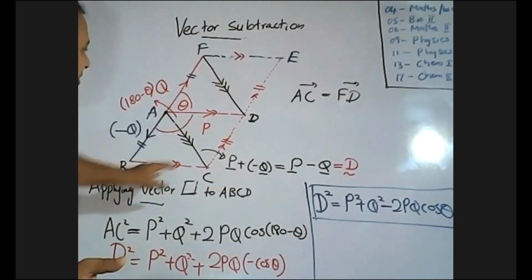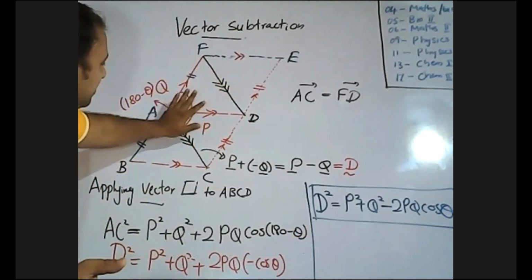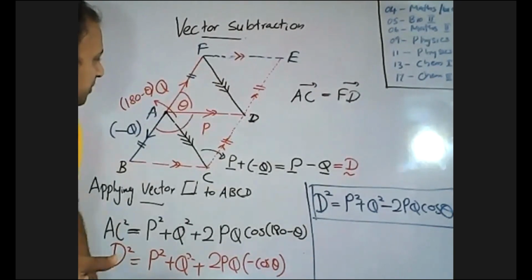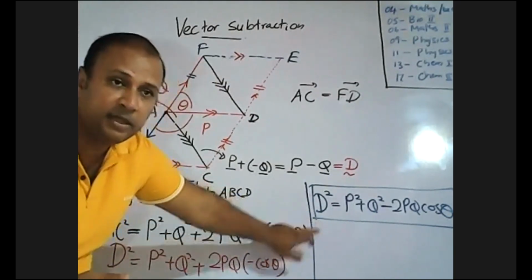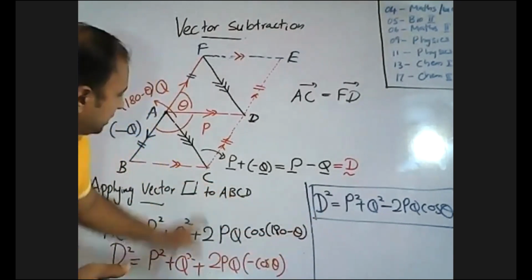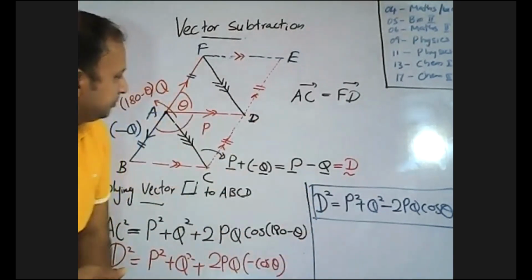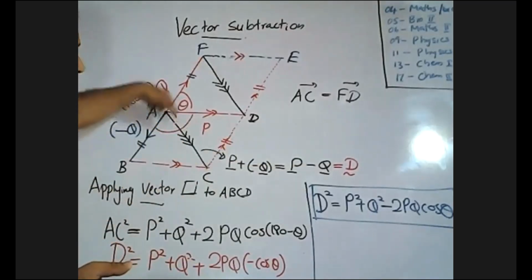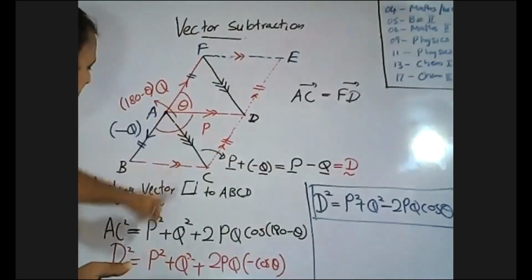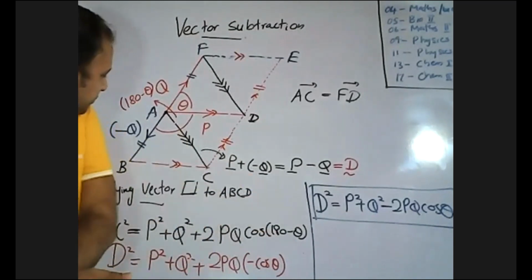You can complete the vector parallelogram. Then you can write from here to here. Don't write this one. Complete the vector parallelogram and from here to here.